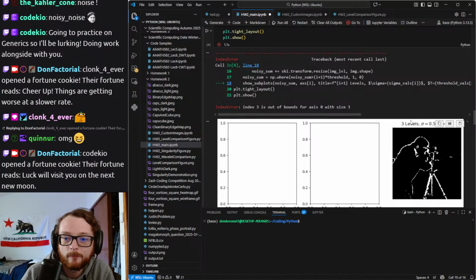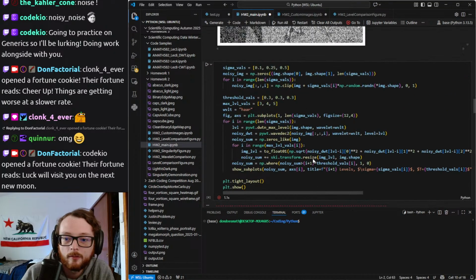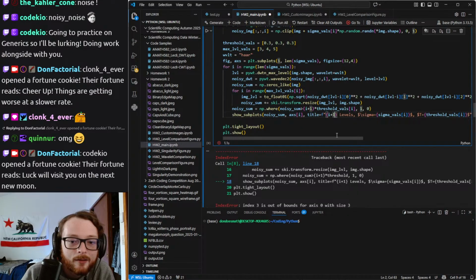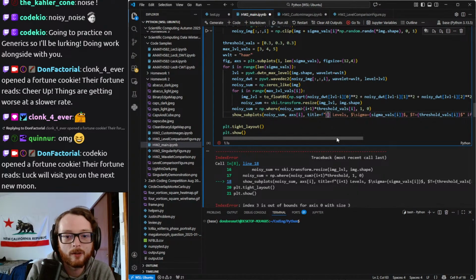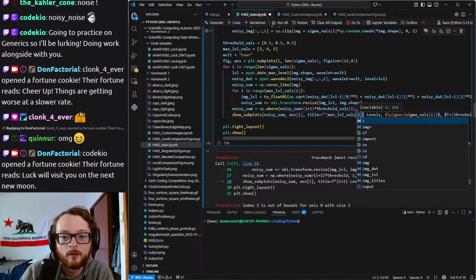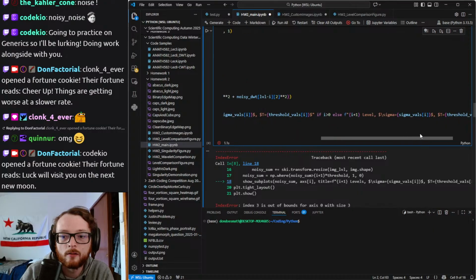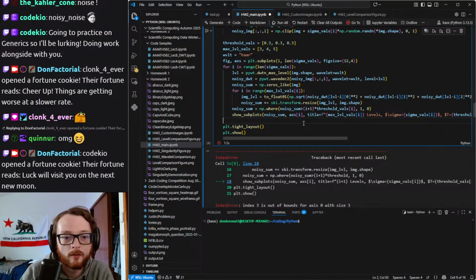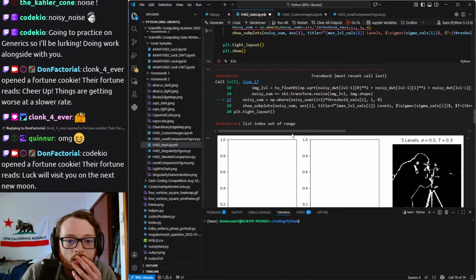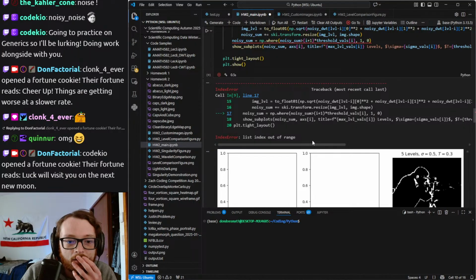Oh, wait, this is the last one for 3. No, wait. What? Actually, this doesn't make sense. List index out of range.